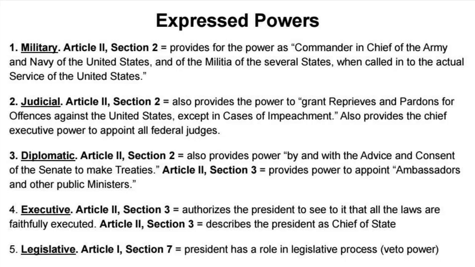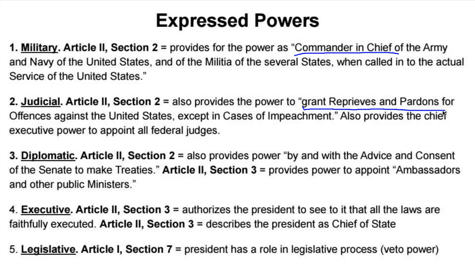So what are the expressed powers? Those that were actually very specifically given to the president by the Constitution. First, you have military powers, such as being commander-in-chief of all the United States military forces, and judicial powers, granting reprieves and pardons for offenses against the United States, except for the cases of impeachment.